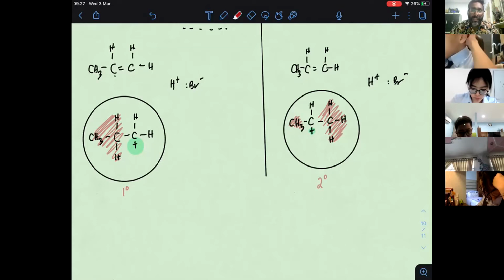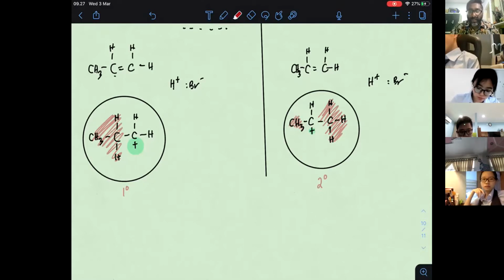So when they mean R, in this case it's going to be alkyl groups. Similar for alcohol also. So the H is not counted as R. So here, you are going to have primary carbocation and secondary carbocation.